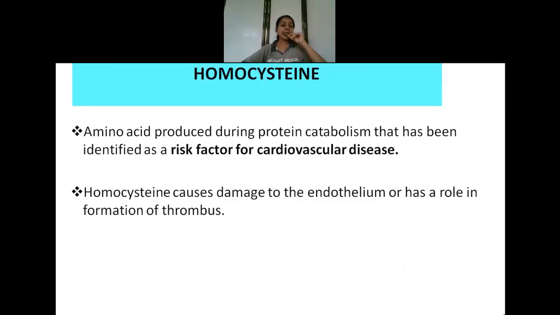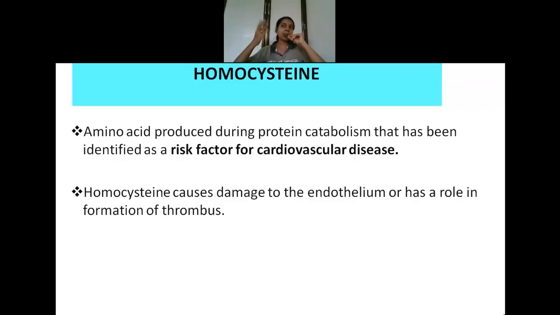Through research they have found that when there is excess homocysteine in the blood, there is increased risk of cardiovascular disease, because it is said that homocysteine will damage the endothelium. Endothelium is like a protective barrier for the arteries. But homocysteine will damage the endothelium.